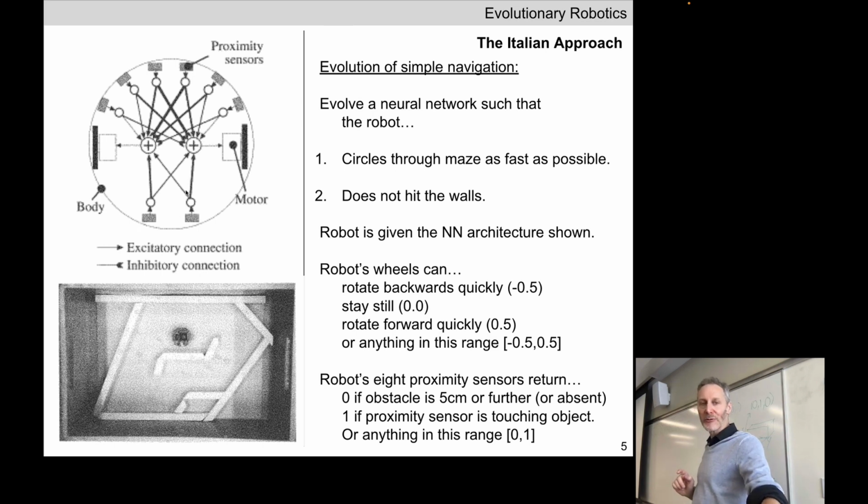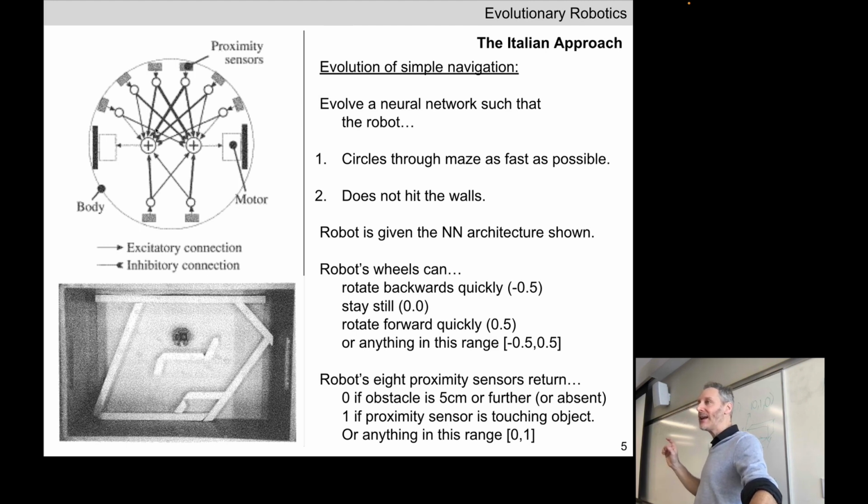You'll notice, if you look carefully, it might be a little bit hard to see in the back there, that all of the ipsilateral connections, so the connections that stay on the same side of the robot, are all excitatory, and all of the contralateral connections, the synapses that cross the body, again, it's a little difficult to see here, are inhibitory connections.